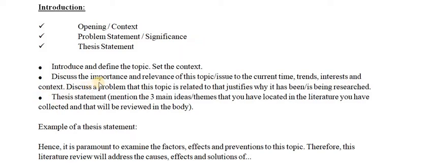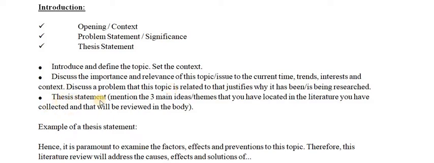So you have to discuss the importance and relevance of this topic to the current time, trends, interests, and contexts. And you should state what is the problem that this topic is discussing and justify why it has been researched.